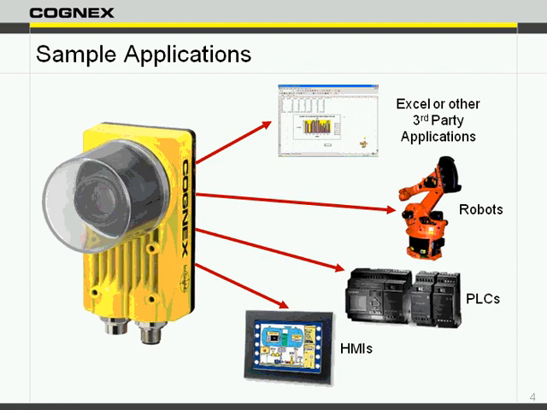I have a demo set up where we're going to use OPC and send values out to an Excel spreadsheet. And I'm also going to show you something called display control through our SDK, Software Developer Kit. This is something that also would be used for third-party or custom applications.